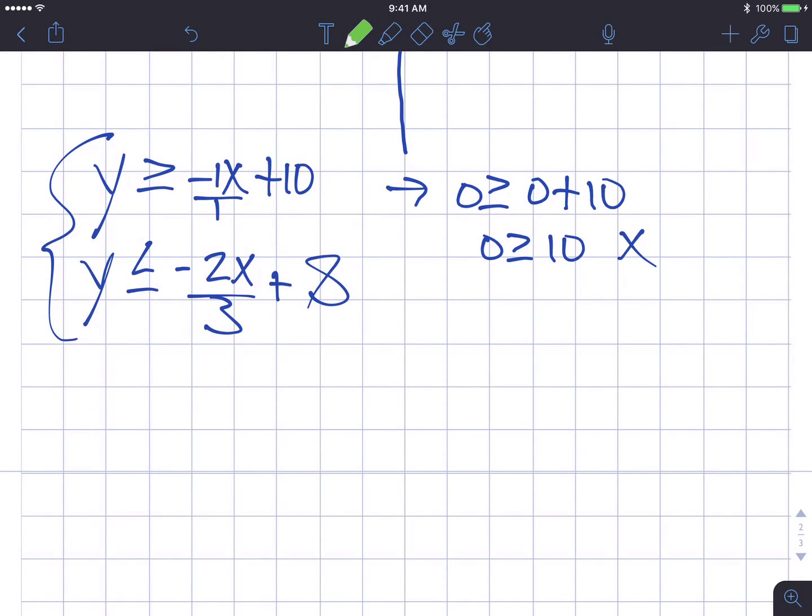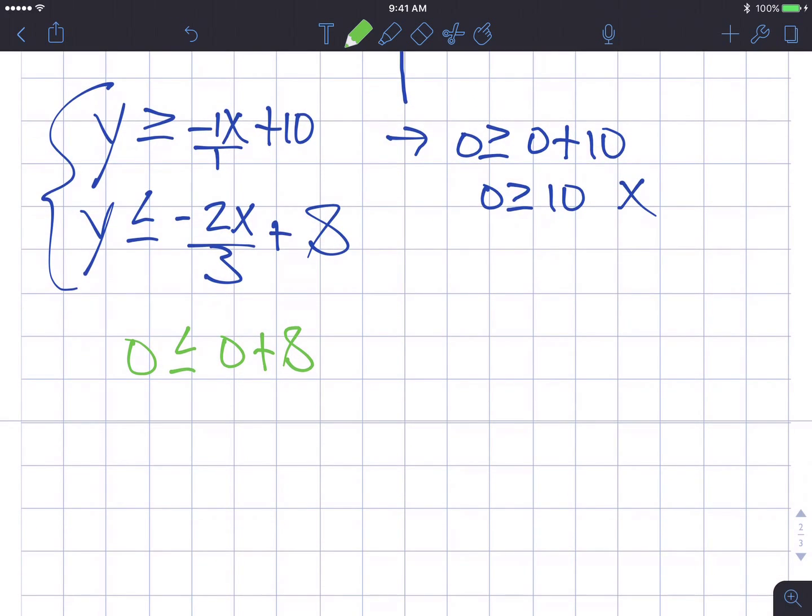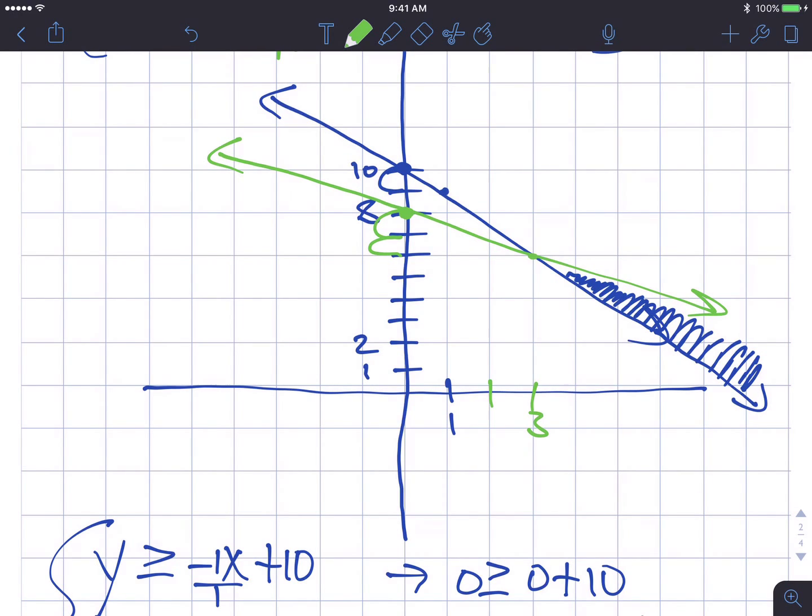Let's check the point 0, 0 again. Plug in 0 for x and y. 0 less than or equal to negative 2/3 times 0, which is 0, plus 8. That's why we pick 0, 0, because it's easy. 0 less than or equal to 8. Is 0 less than or equal to 8? Yes, it is. That means 0, 0 is a solution point, and we would shade down here.